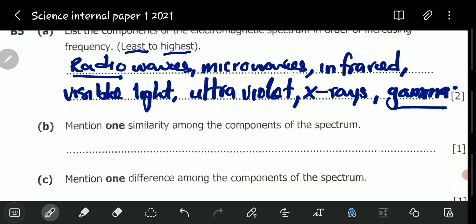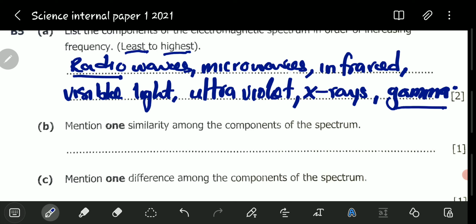Because of the differences in speeds as they move from one medium to another, they all undergo refraction, which is the bending. They all undergo refraction, they all undergo diffraction, and reflection, because they are waves. All those properties of waves they will also undergo because they are all waves.